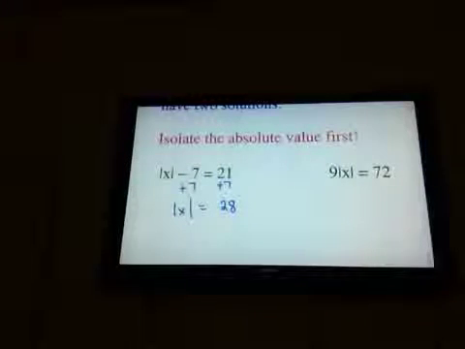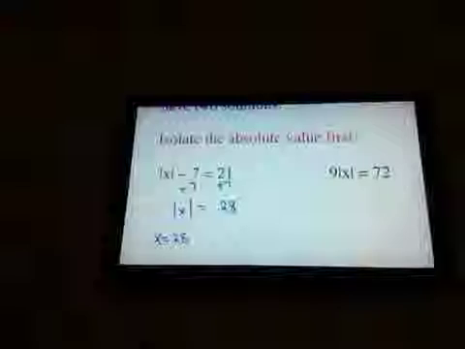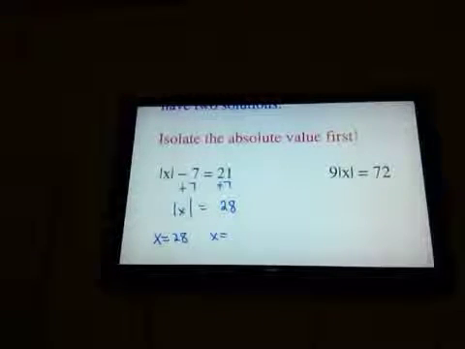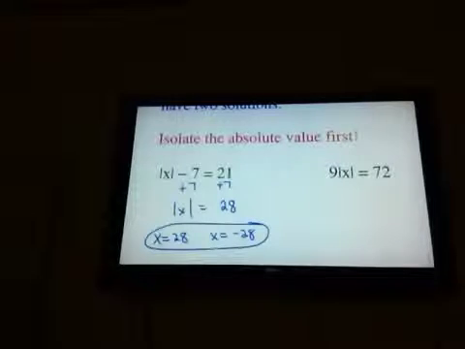Once the absolute value is all by itself, we can get our solutions. This one's on the simpler side because in the absolute value there's just an x. So x is either 28 or x is negative 28. Those are my 2 answers.